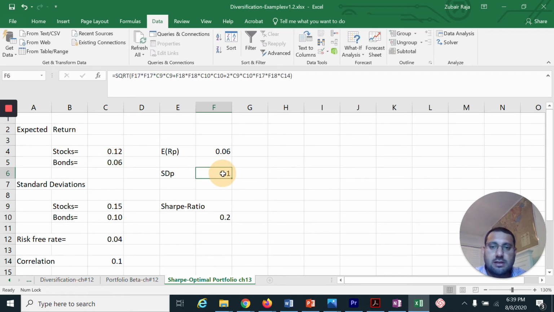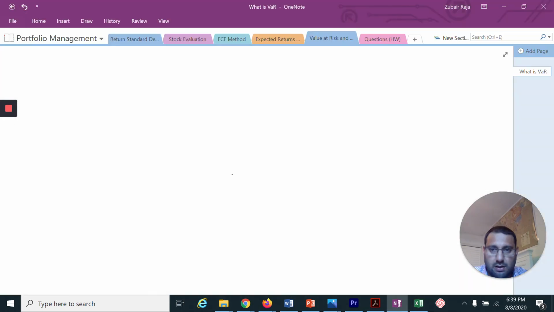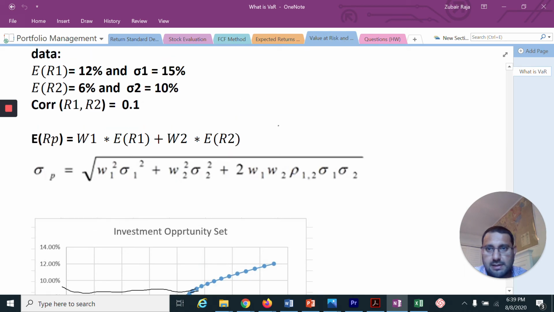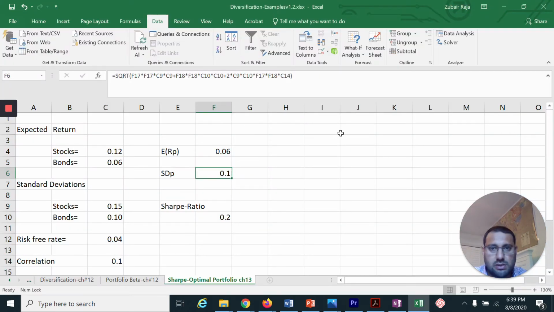Now, in case of my standard deviation, it's simply the square root of this formula, the whole term, which I used over here.